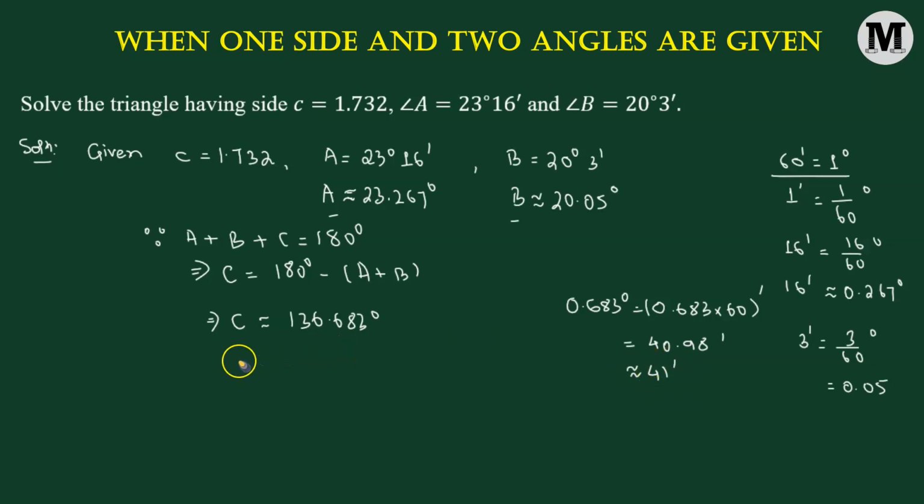So in other words, angle C measure comes out to be 136 degrees and 41 minutes. However, we're going to use the decimal value when we find the other sides.